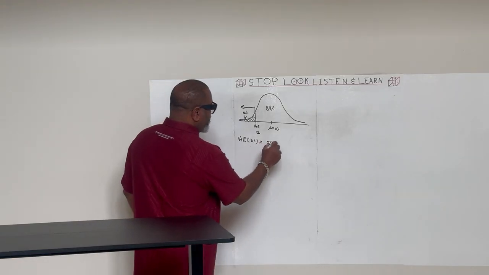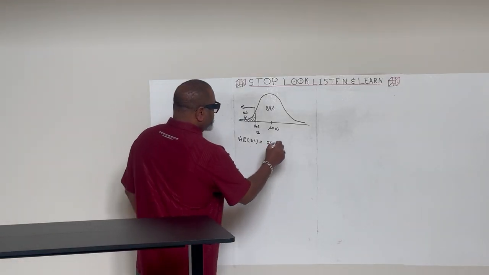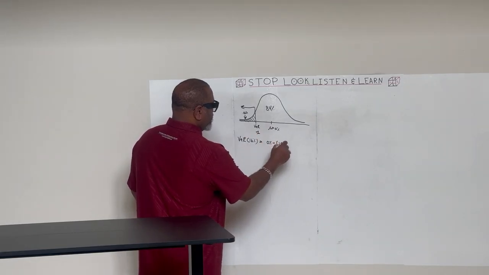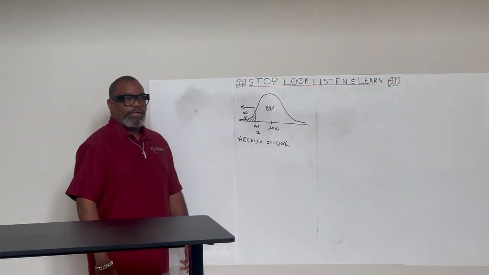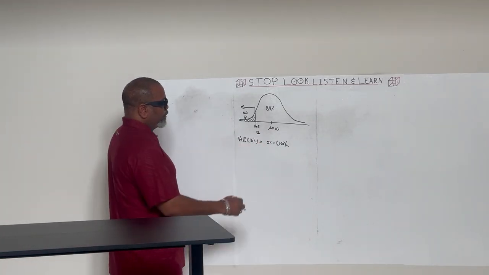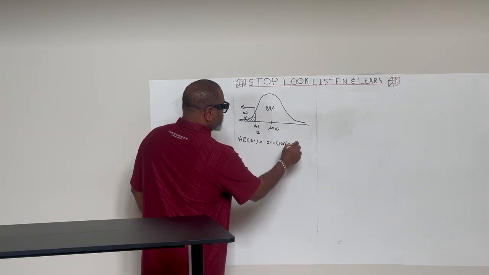We're going to subtract from that expected return the product of 1 and the standard deviation, which is 1%.